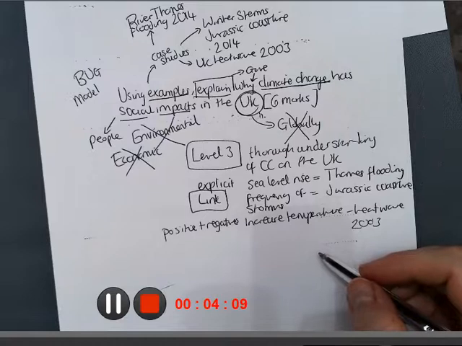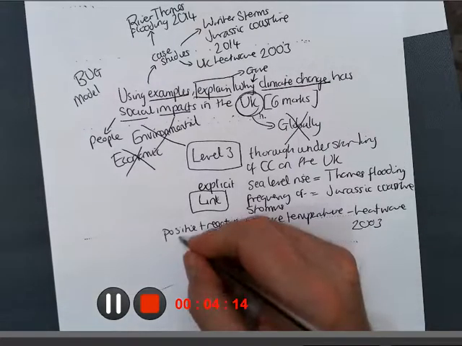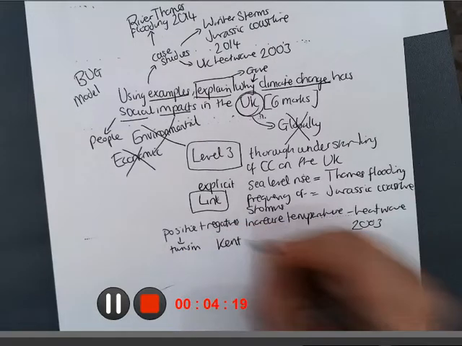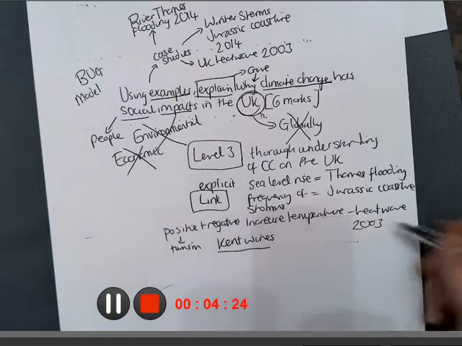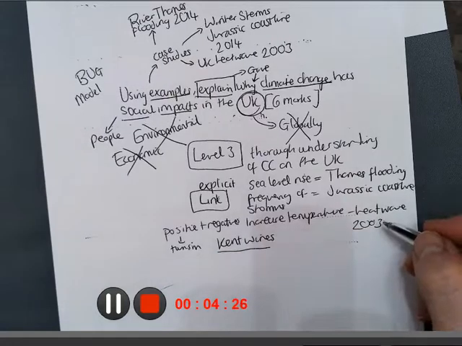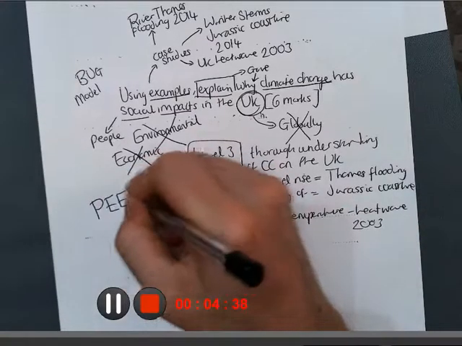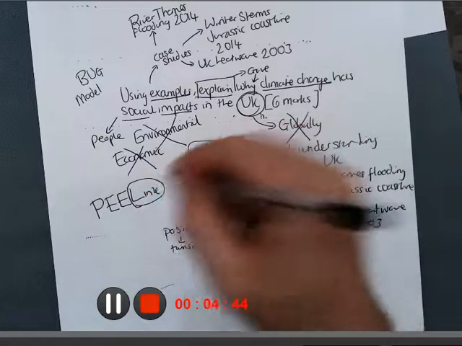You knew there was a lot in the UK that died, but actually there was an increased tourism, and there was also an increase in the ability to grow citrus fruits, and therefore jobs were given for increasing Kent wines and putting that on the map. So it doesn't always have to be doom and gloom, and something that I would use here is this idea of Peel, and I would certainly use link at the start of my question.